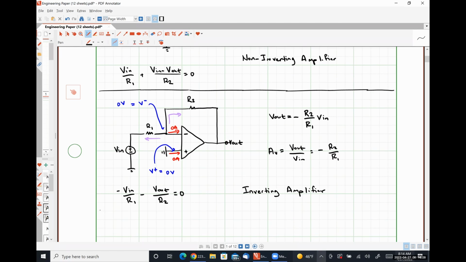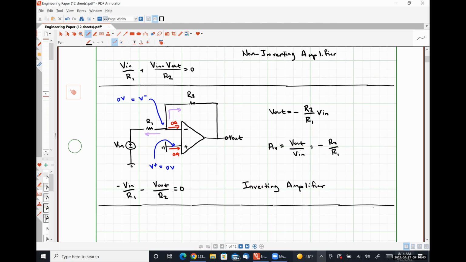Pretty much all of the other amplifiers that we're going to talk about today are effectively variations on these two topologies, okay? So before we move on to our next common op-amp circuit, anybody have any questions about this inverting amplifier?